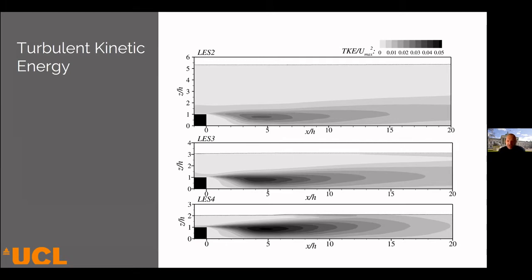On the very shallow case, you can see that the water surface rises on the downstream side of the step. And you can also see the shear layers here that are visible, and it's clearly strongest in the most shallow case in LES4, and so there's quite a bit of turbulence going on above that separating streamline.